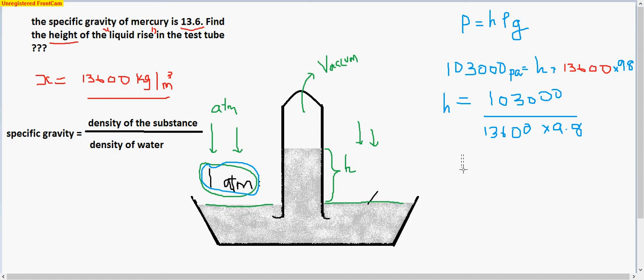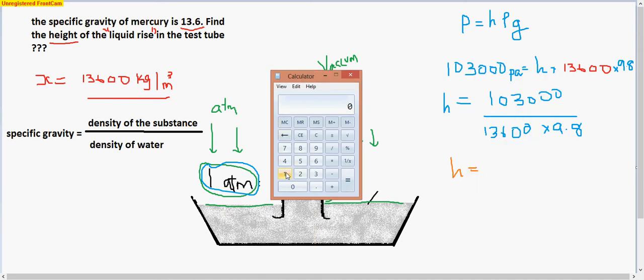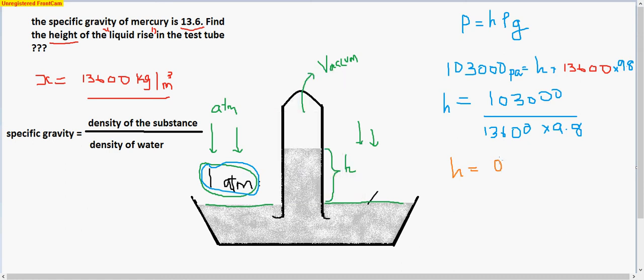Okay, now I'll change my color first of all. I need a calculator over here. Sorry, wrong tool. What is the thing we want? 103,000 divided by 13600 divided by 9.8 is equal to 0.7728.